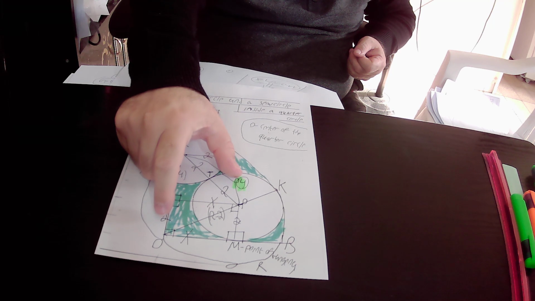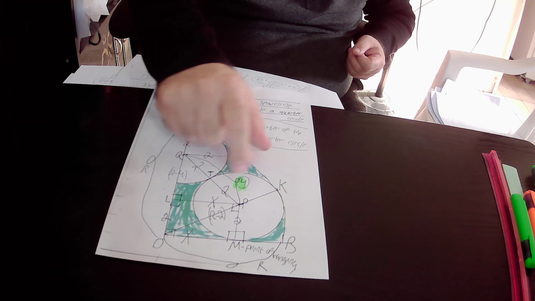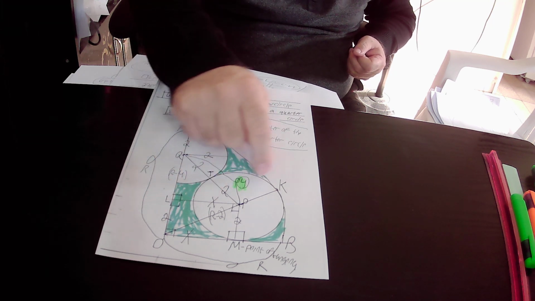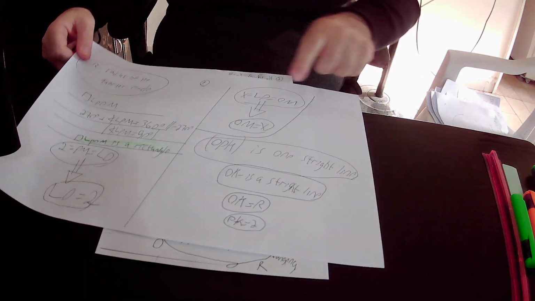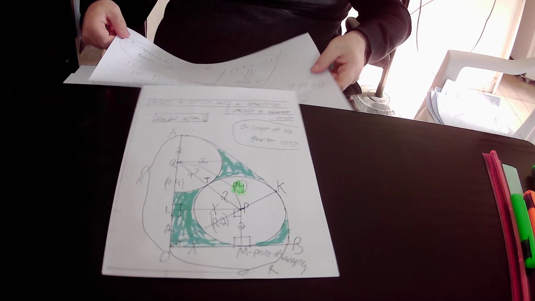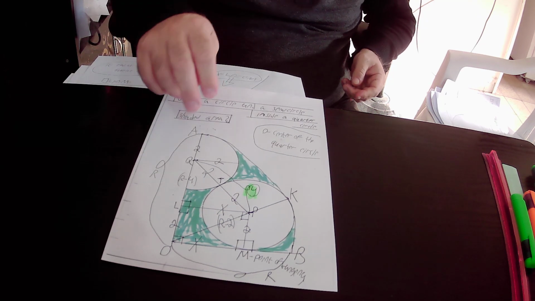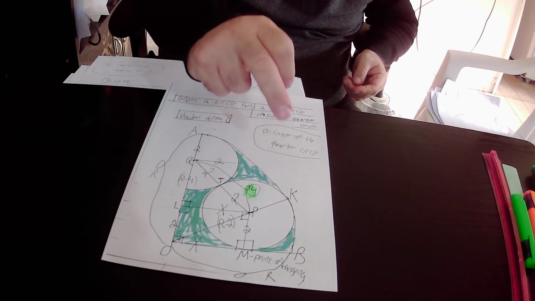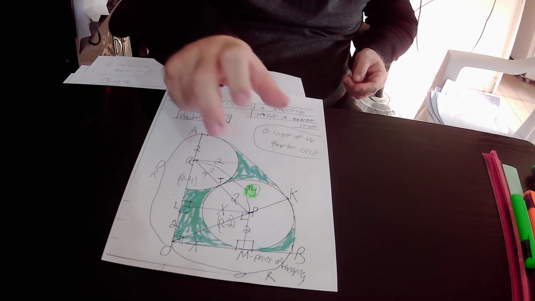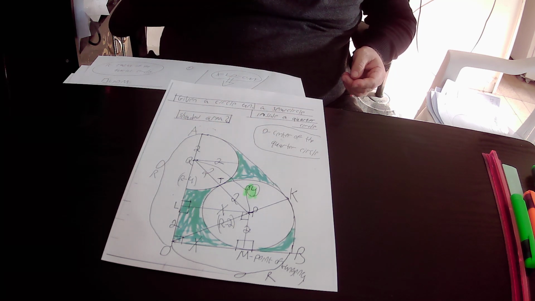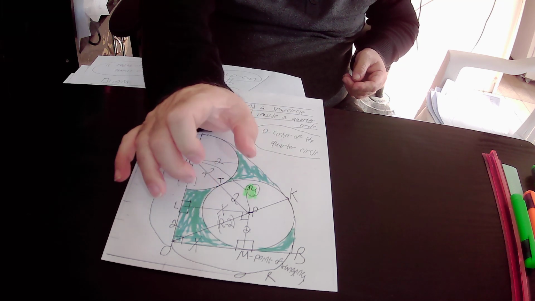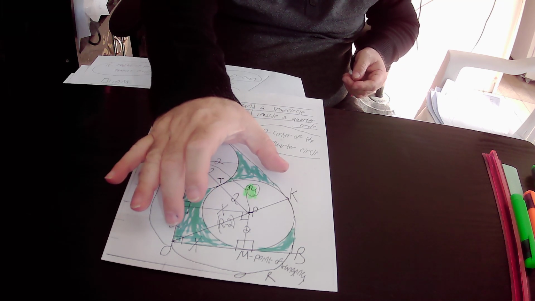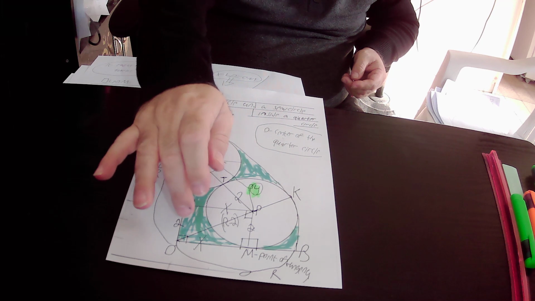In other words, OPK is one straight line, or we can say that points O, P, and K are all located on the same straight line. So if OPK is one straight line, then OK is also a straight line.